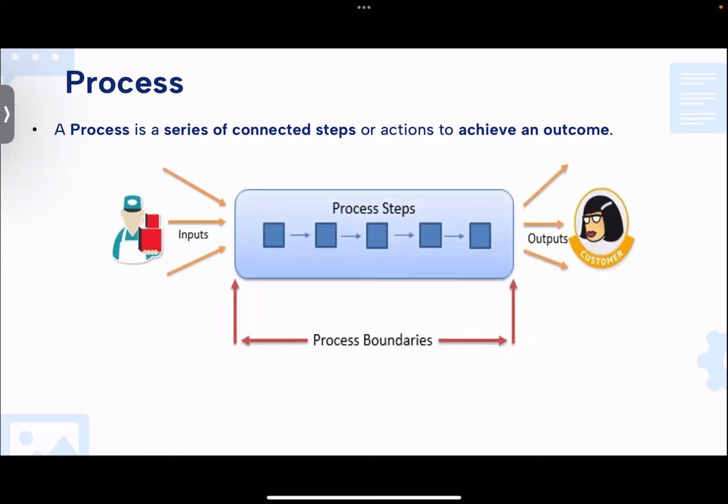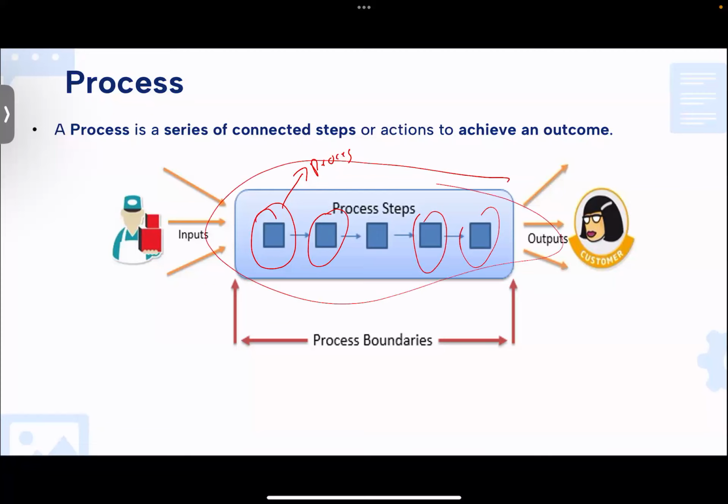For a process, we have to put in input, there are processing steps, and there is output as well. In each of these activities, there might be a separate process. As a whole also, this is a process, and in each activity you can identify a process.